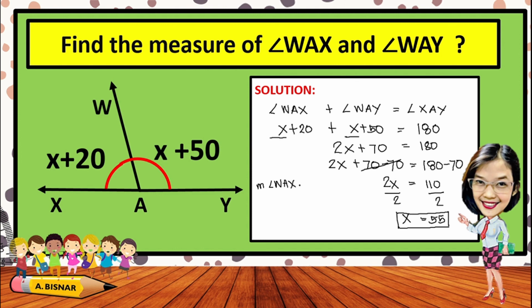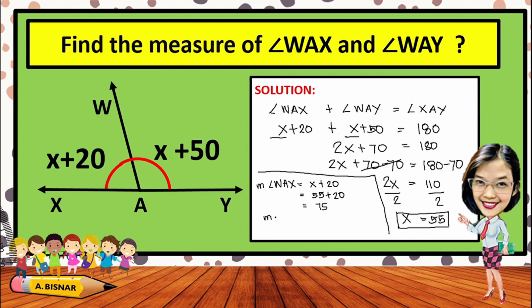Since the measure of angle WAX is x plus 20, we substitute the value of x, which is 55. So 55 plus 20, the answer is 75.